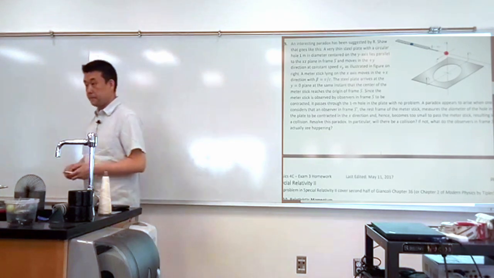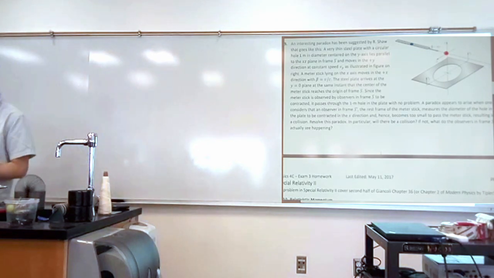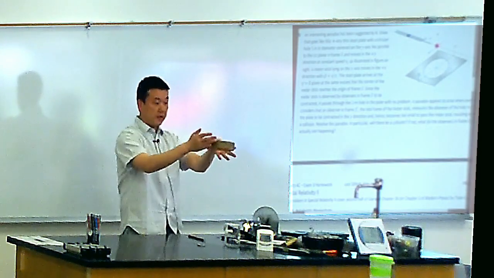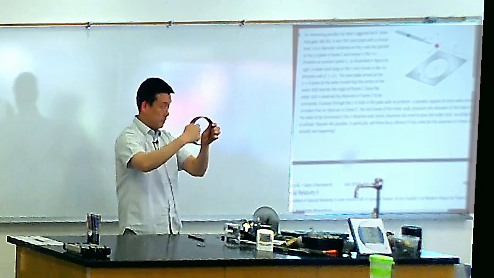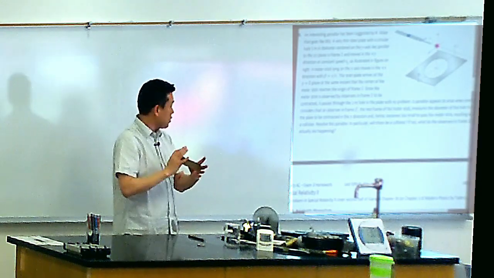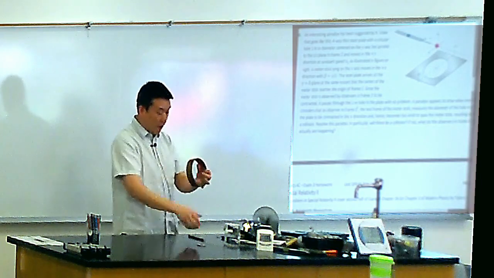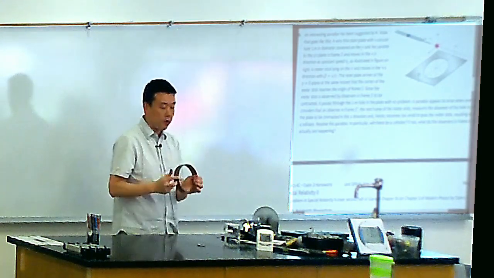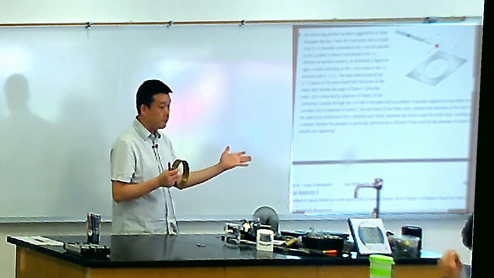But no, it's not simultaneous. I know, we are getting there. But what contracts? This whole thing contracts. So it'll actually look more like an ellipse. And that's how the hole is seen in this reference frame. And this is our goal in analyzing this and explaining.